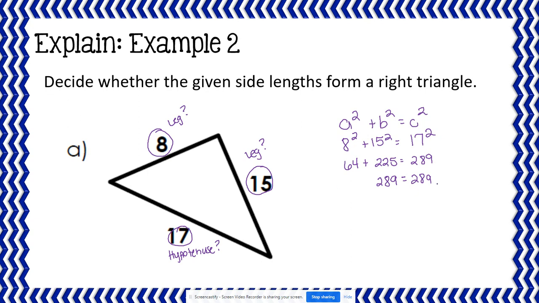Since I'm left with a statement that is true, I know that this is a right triangle. And since I knew that both of these were the legs, I could put a right angle right here since that is where it would belong.